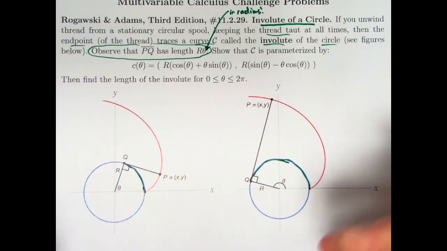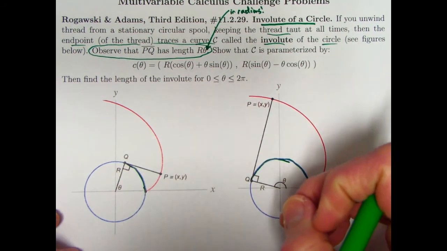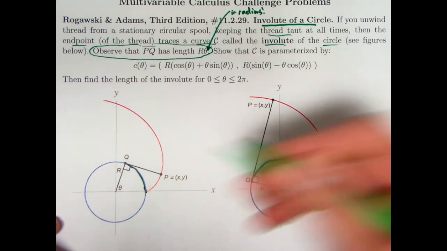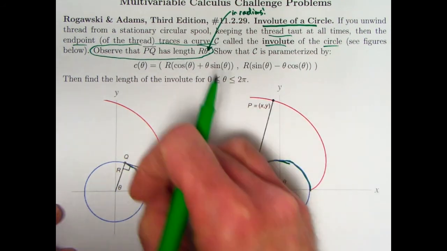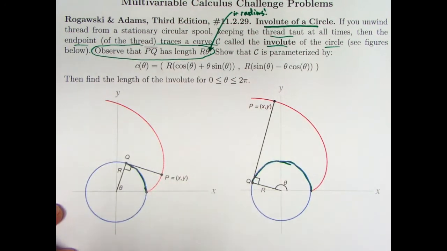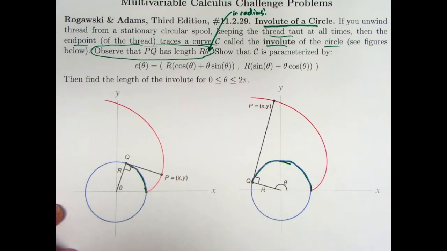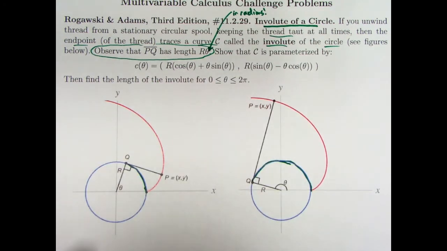Think about it in terms of proportionality. If you went all the way around the circle, theta would be 2 pi radians, and the length of the thread would be the circumference of the circle, 2 pi times r. If you go halfway around, theta is pi radians. r times theta would be pi times r, and that would be the length of half of the circumference of the circle.